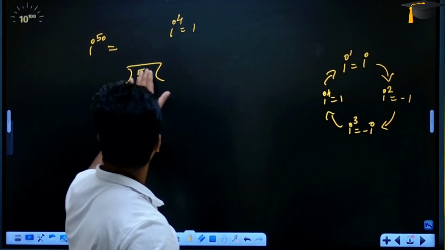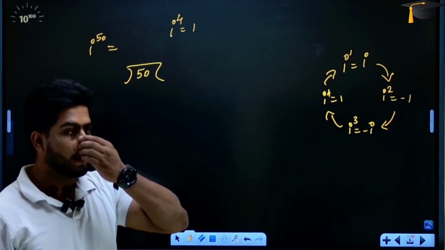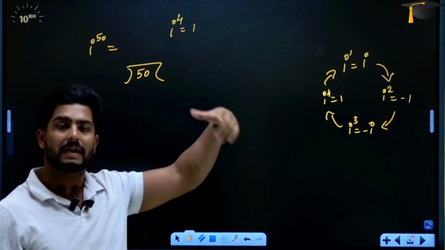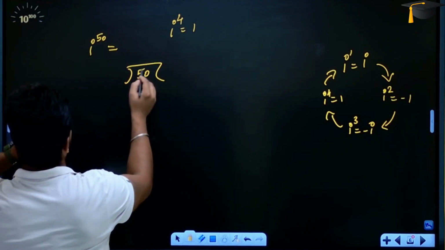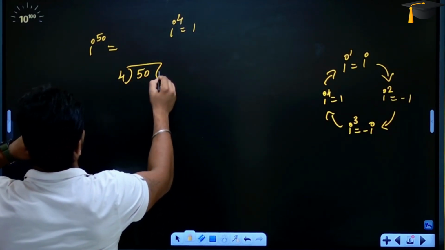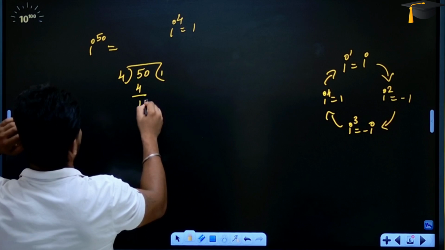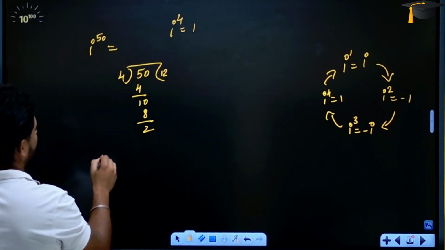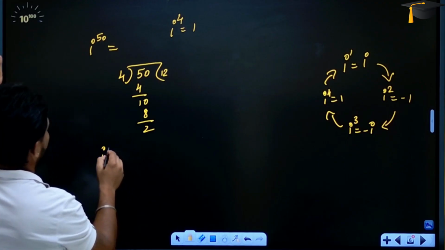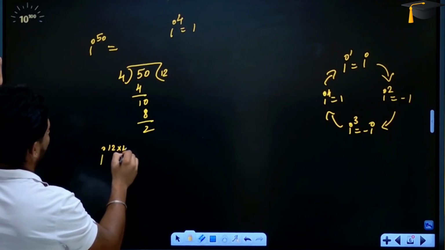Next, i to the power 50. For all the multiples of 4, the value is 1, and above that comes the remainder. If I divide 50 by 4, 4 ones are 4, 4 twos are 8, so the remainder is 2. So we can write this as i to the power 12 into 4 plus 2.